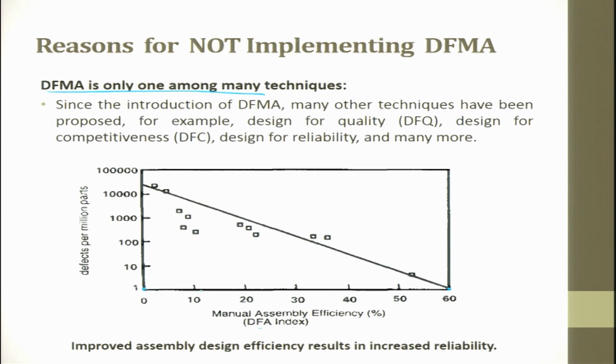When the manual efficiency goes down, that means there are many mistakes done, so many defective parts are produced per million. Okay. So, this is an index which clearly says why we should go from manual assembly to automatic assembly.